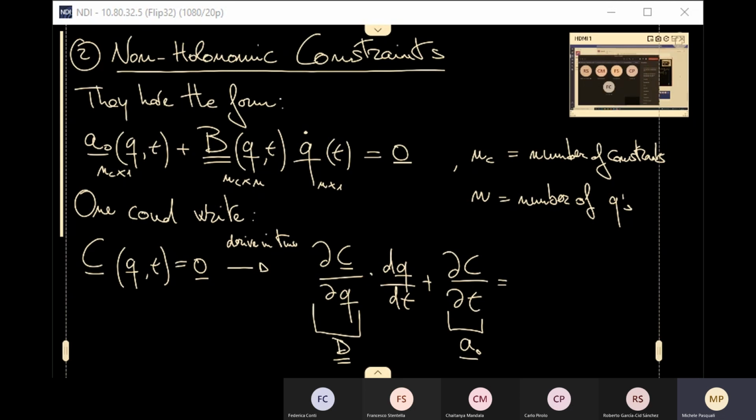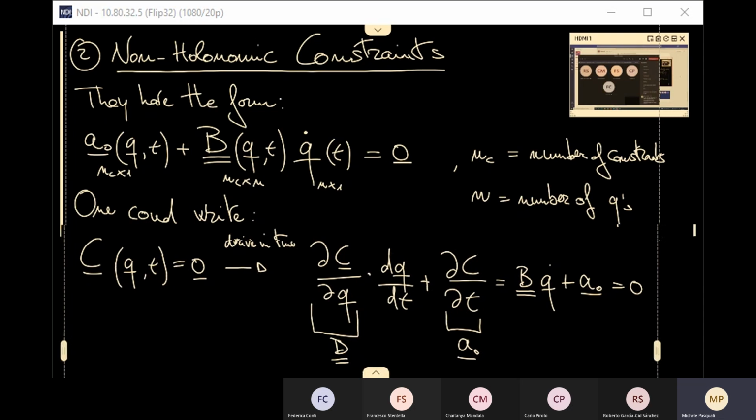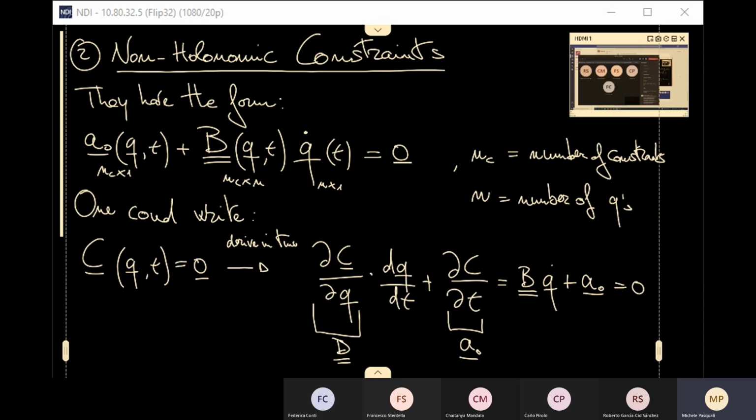So this could actually be written as B applied over Q dot plus A0 equal to 0, right? At this point, one could say, okay, so what's the point of all this classification? Because eventually, if I have a holonomic constraint, I can write it so that it has the shape of a non-holonomic one. We just demonstrated it.